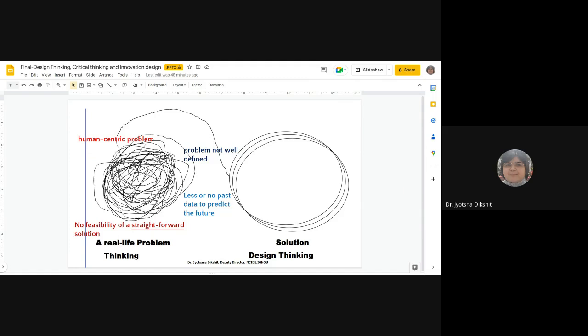These problems, as you can see with the mess one of you mentioned, are not well defined. We do not have any significant data from the past so that prediction using analytics could be made. So we cannot predict the future solution to these kinds of problems, and there is no straightforward solution to it.